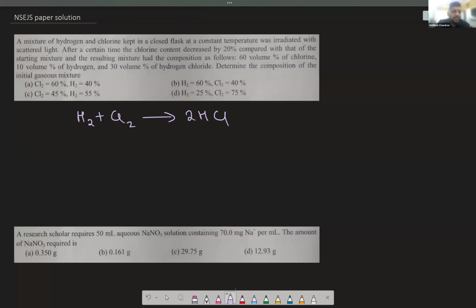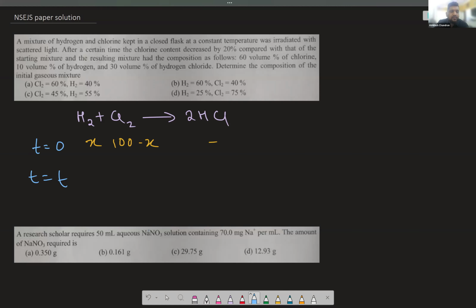So let's say that at time t equal to 0, we started with x ml of hydrogen and 100 minus x ml of chlorine, right? And no HCl. And after some time t, when the reaction is done, after a certain time is all that they have said.